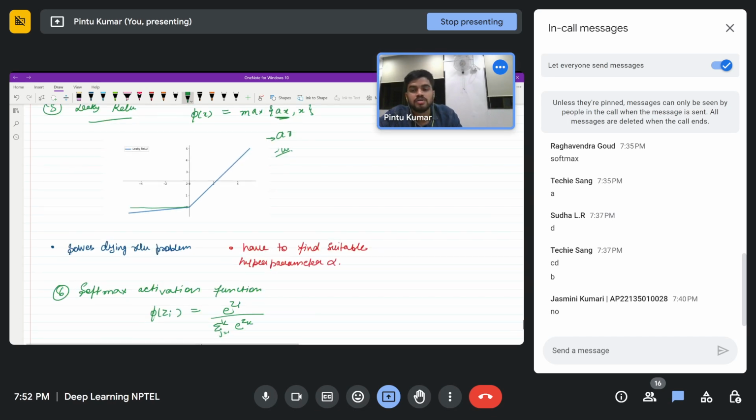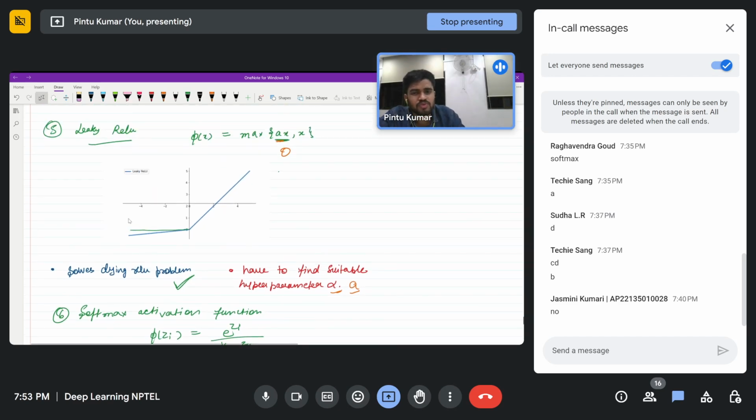Okay, so the advantage is that it solves the dying ReLU problem, but the disadvantage is that now we have to learn one more parameter, a. Okay, so earlier we had 0 over here, so we have increased the number of parameters by 1, so we now need to learn one more hyperparameter, alpha or a in this case. Okay, a won't be negative. I was wrong about it. Sorry.